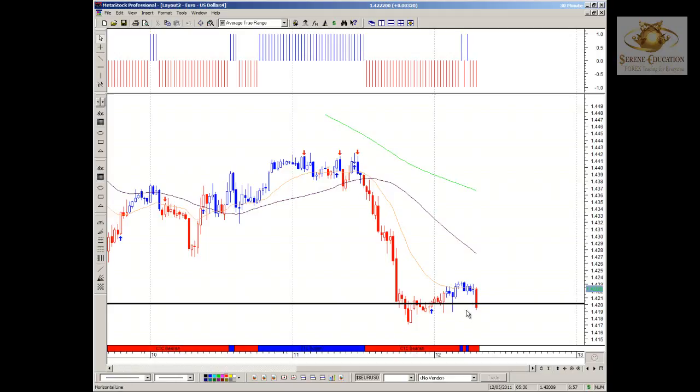So ideally we want to see a break, a nice close lower than that, and if by any chance trading below the 14,170 would be even better. You can see CTC is still negative.